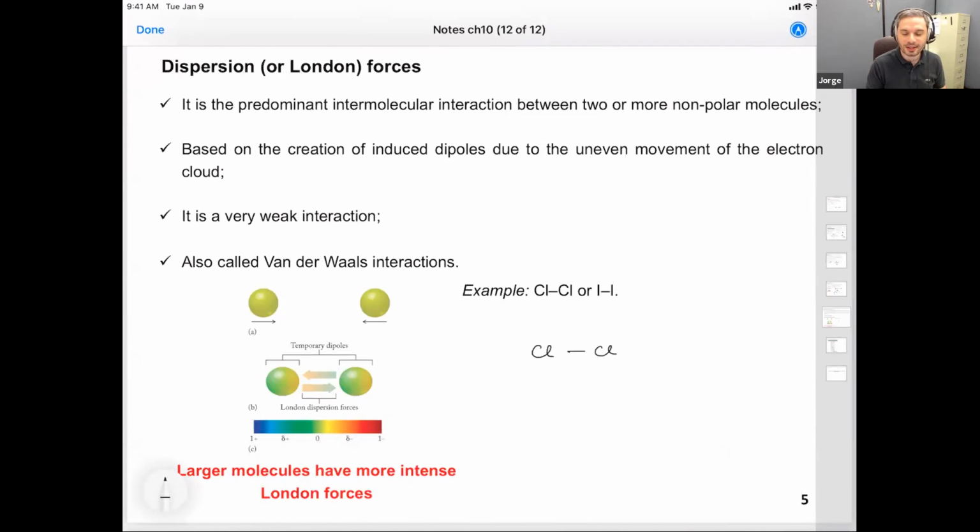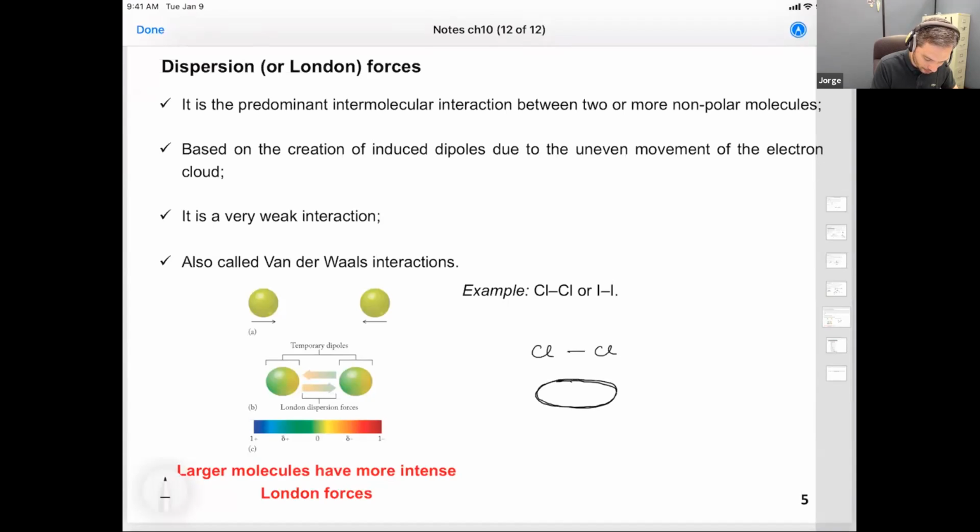Because they are the same element, there is no difference in the electronegativity, which means that this pair of electrons is being equally shared between the two atoms. So if we could take a picture of the electron cloud for this molecule, we would see a very even electron distribution, okay?